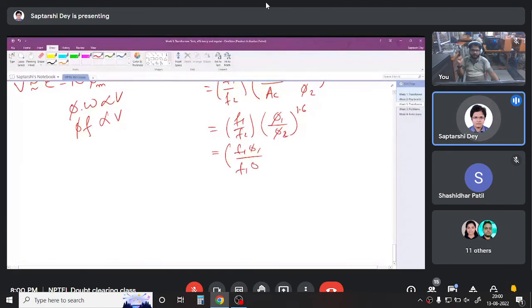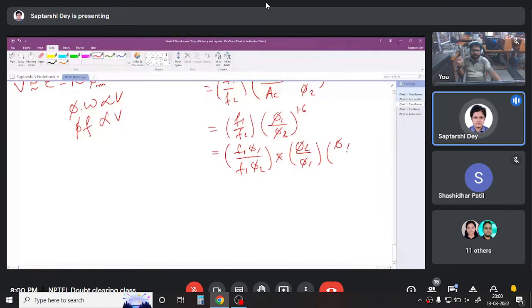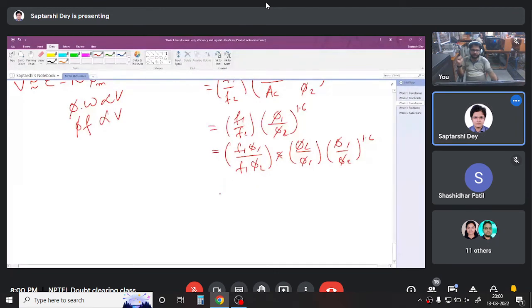So F1 phi 1 by F2 phi 2, and I have to balance. So phi 2 by phi 1 comes, and I have phi 1 by phi 2 to the power 1.6. Now F1 phi 1 is proportional to V. So I can write V1 by V2 times phi 1 by phi 2 to the power 1 point. Sorry.